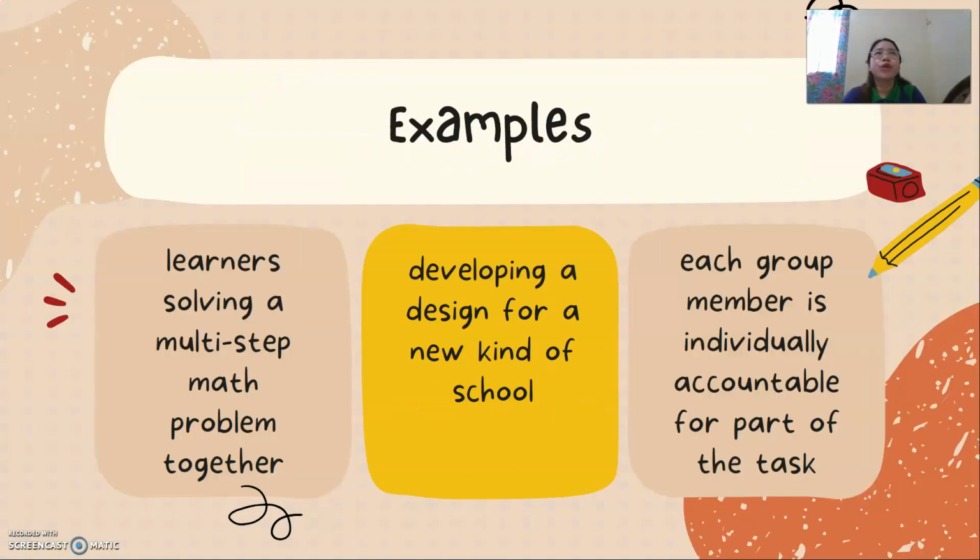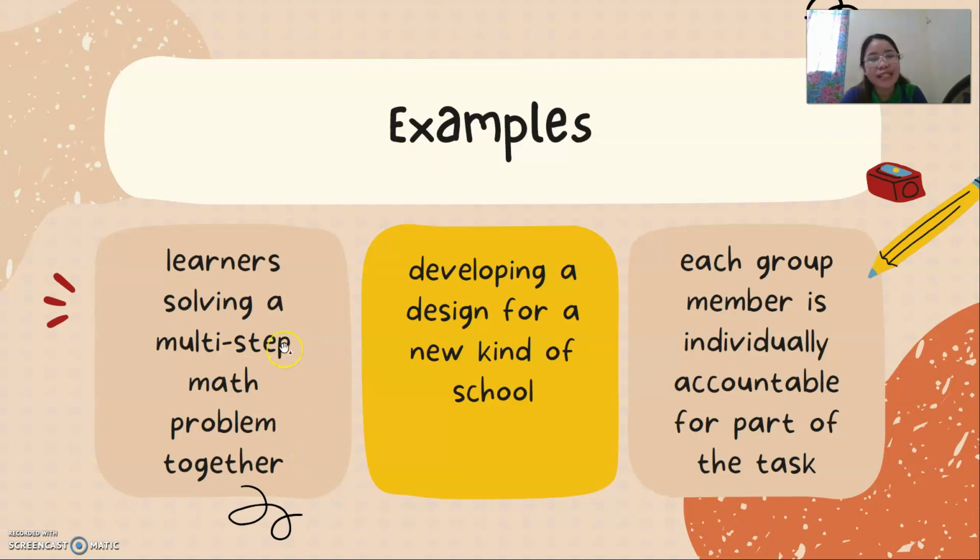Now, what are those example activities when we make use of cooperative learning? So, first activity is learners solving a multi-step math problem together. So, kasi nga, may kasabihan, two brains is better than one. Two heads is better than one.